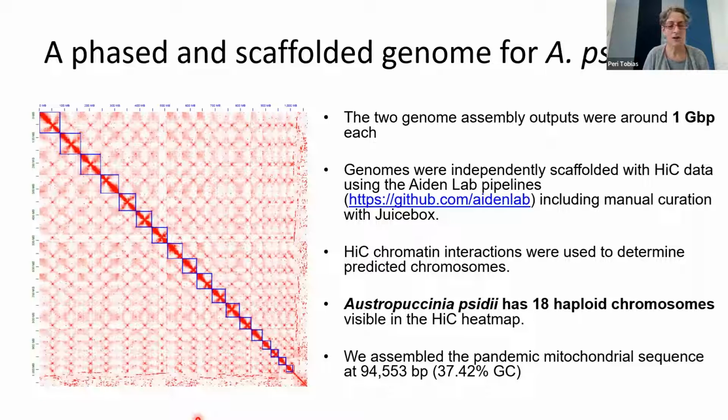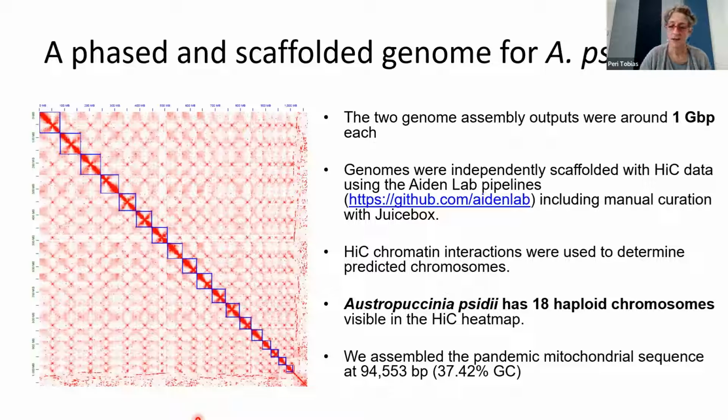So it's actually happened bioinformatically before it's been able to happen visually in the lab using cytogenetics. So it's good to see that our rust, even though it's not in the same broad group as the Puccinia, actually has the same number of chromosomes.